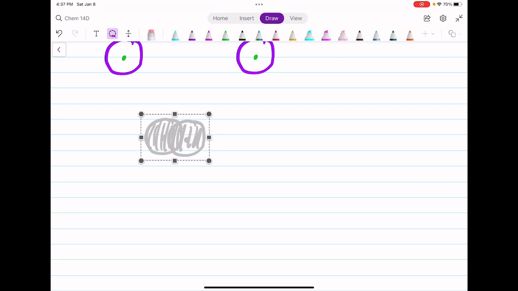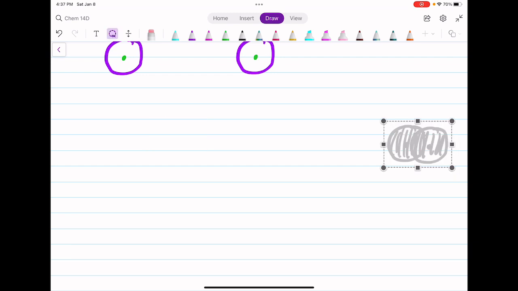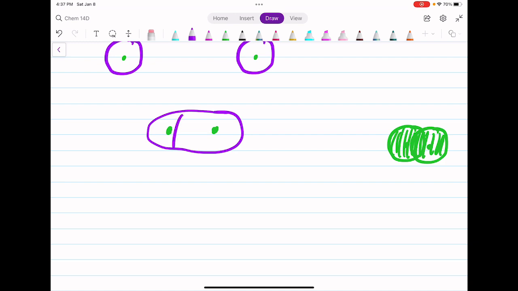So when I combine them in phase, I'm going to move this over here just so I can draw an overall better version of this drawing. We're going to get something like this. Okay, so we're going to get our 2 nuclei here.